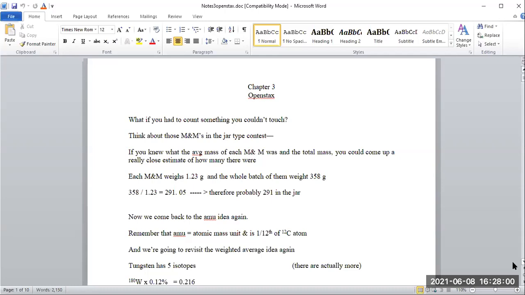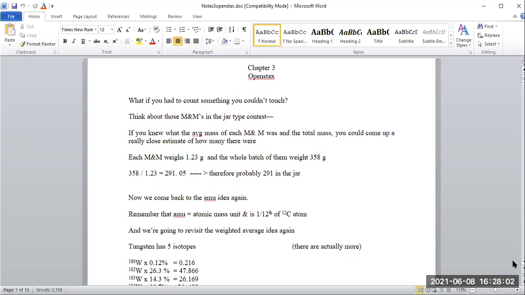What if you knew the average mass of an M&M? And what if you knew the total mass of the jar? We're making an assumption here that they subtracted away the weight of the actual jar.